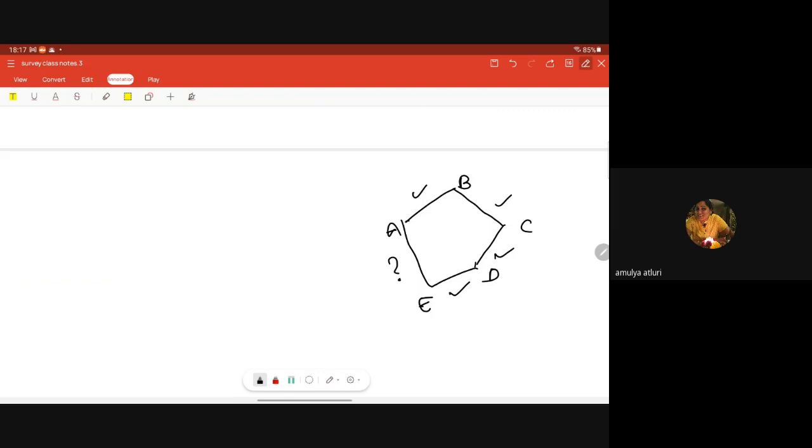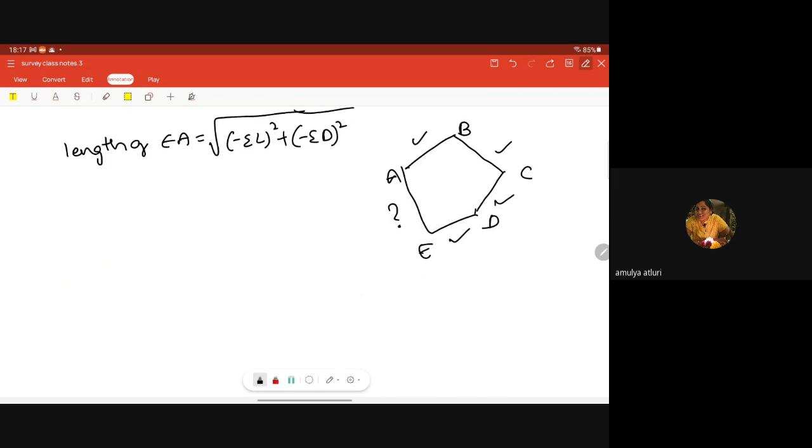How do we do that? So length of EA, as I already told you, is equal to root of sigma L square plus sigma D square. Okay, got it?